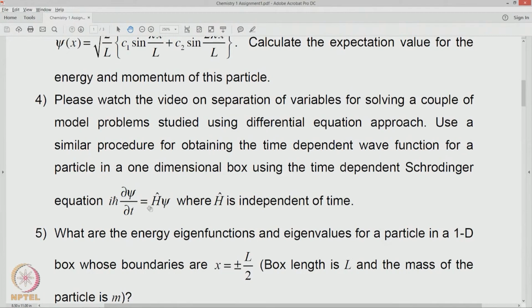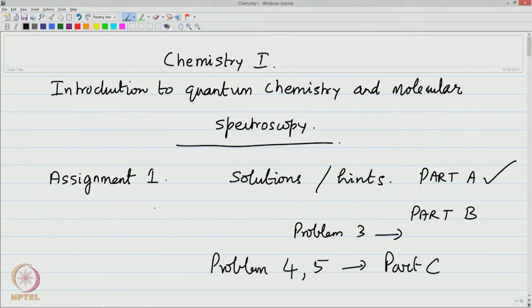The Hamiltonian that you have to use, H psi is equal to E psi, is actually the particle in a box Hamiltonian. So, I think the solution for this problem is immediate.